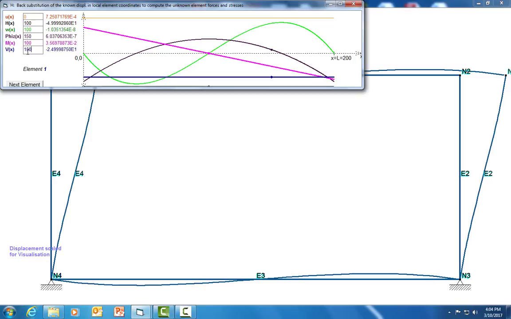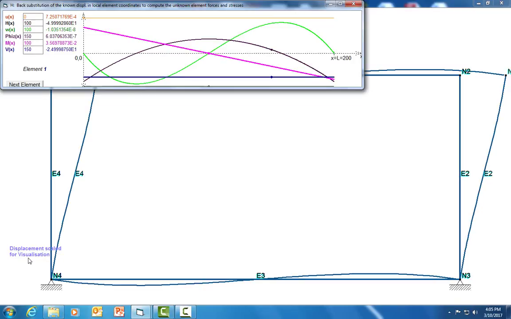At the same location, here we have the shear. The shear deformation is also constant because we have only single loads. So you see the graph here, and at every location it is the exact value.